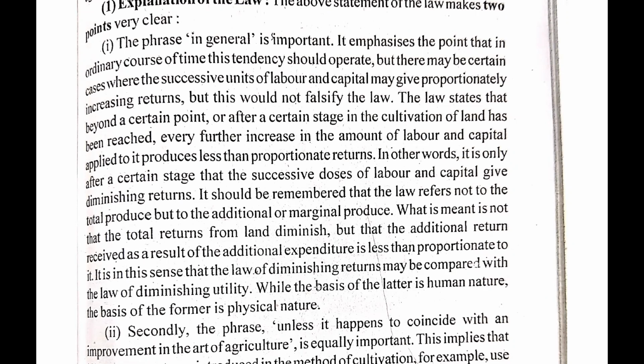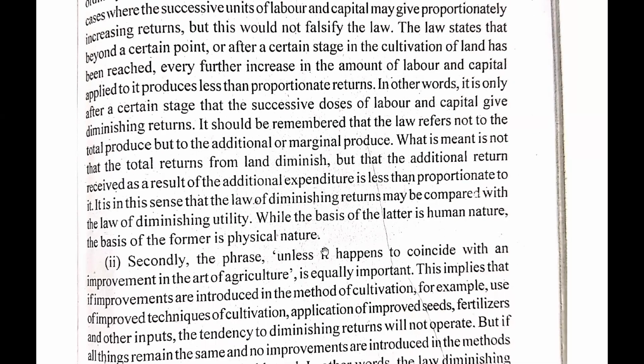And when again we increase our labor for the third time, we will get increased production, but again there will be a low rate of marginal production. So guys, when we compare our first increment with the second and third, then we can get a clear idea about the diminishing production. So this is how the concept and the law works.